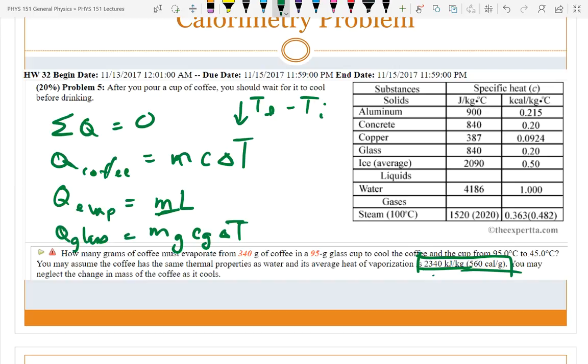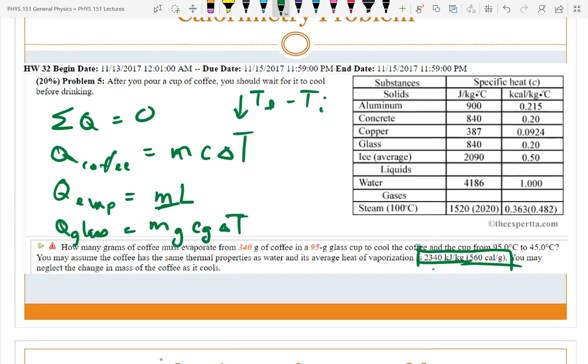It's a different heat of vaporization at my body temperature than it is at boiling temperature. This here is, I'm pretty certain, the heat of vaporization at the temperature of the water, and we just don't worry about any change there.